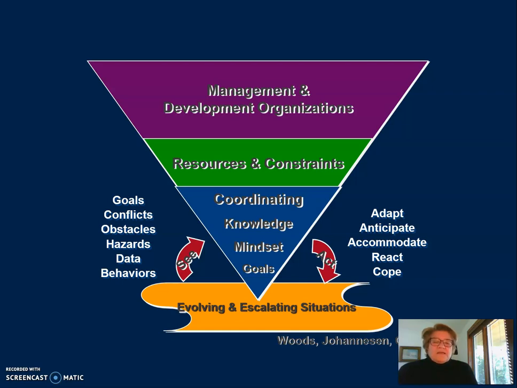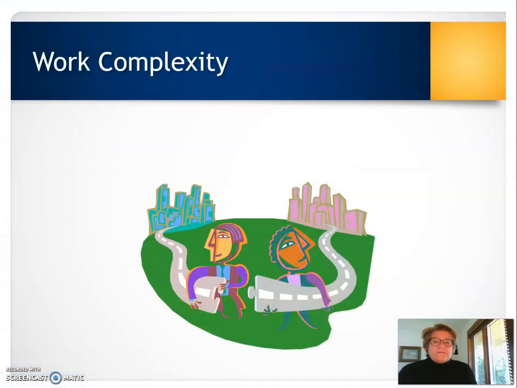But basically, that person at the sharp end, I always think of kind of Atlas balancing the world on his shoulders, has to balance all the decisions that were made for him or her. And you add to that evolving and escalating situations, because we know in a healthcare setting, things change all the time. There's interruptions. So it's a challenging scenario. And you hear people talking about the blunt end and the sharp end, and that's what that means.